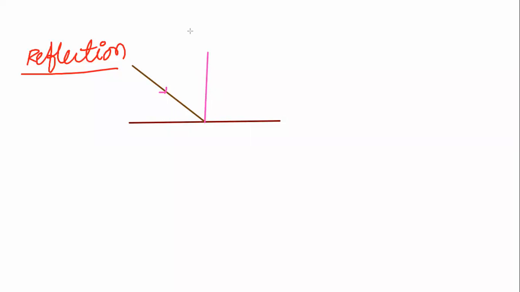This is the normal; the ray makes an angle theta with it. This is the reflected ray. This is the angle of incidence i, and this is the angle of reflection r. Angle of incidence is equal to angle of reflection.